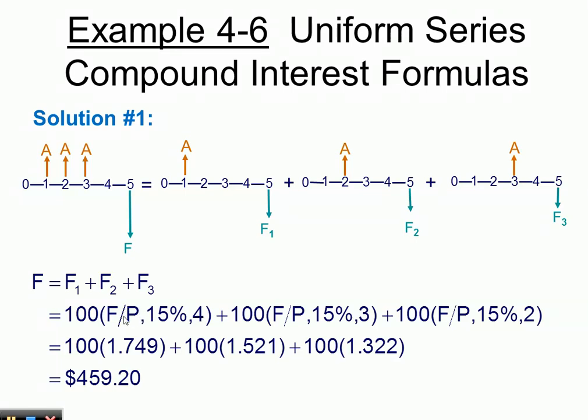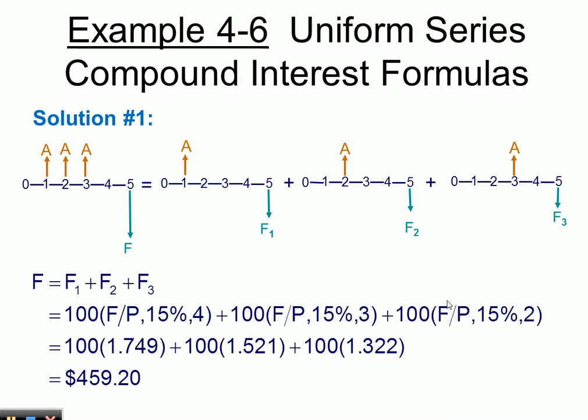They're in the same column, F given P, but in different rows. This is in row 4, this one in row 3, and this one in row 2. And then we evaluate all together and get this amount.